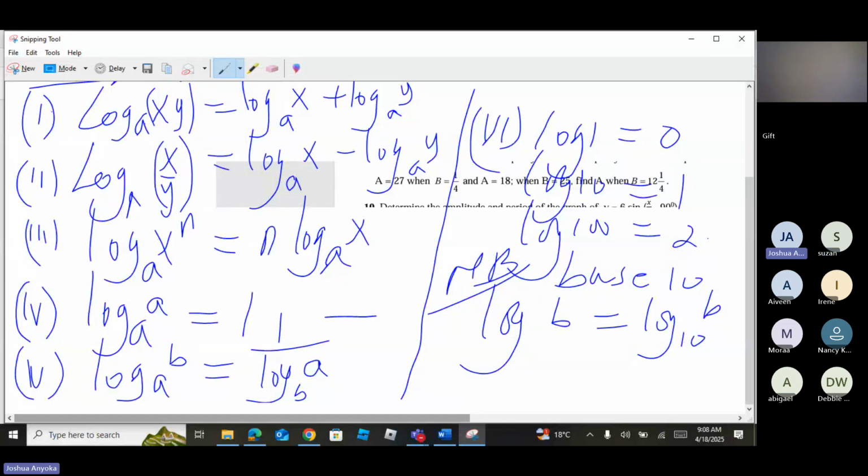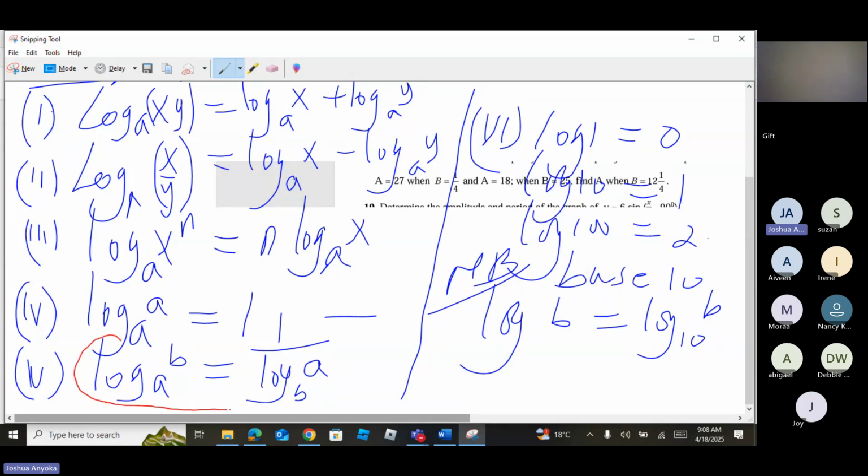Okay, let me explain it. This law, I said it used to be there. It appears in some of the equations, but it is under maybe kind of reciprocal law.